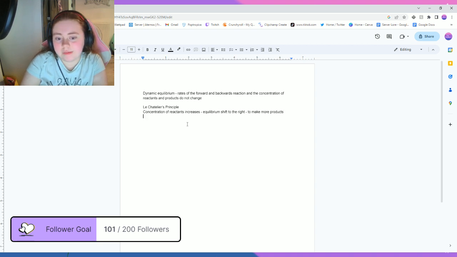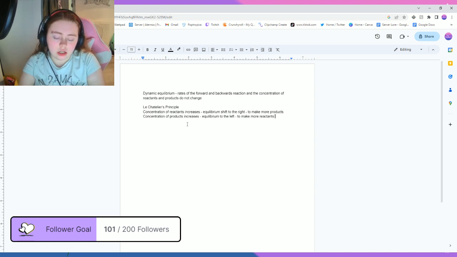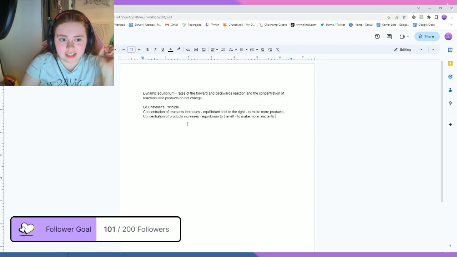And if the concentration of products increases, equilibrium will shift to the left to make more reactants. Because, like we said, equilibrium is a reversible reaction. So for the forwards reaction, the reactants are the reactants and the products are the products. And for the backwards reaction, the reactants become the products and the products become the reactants.